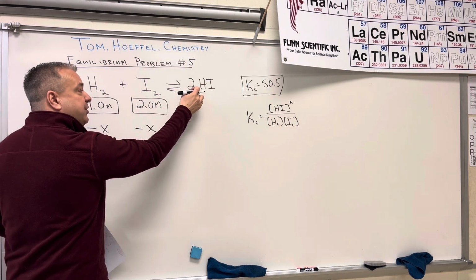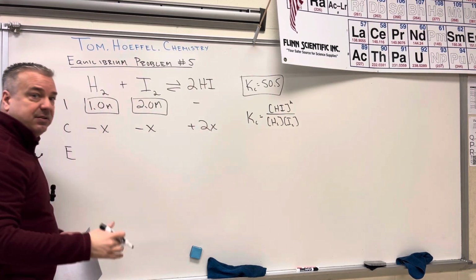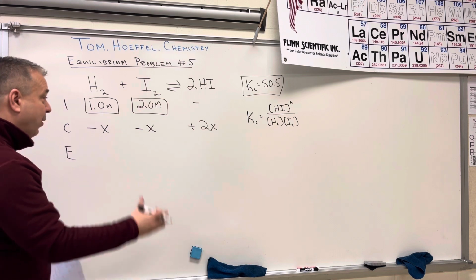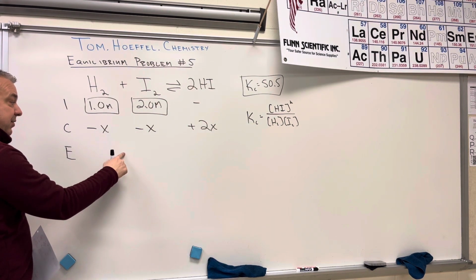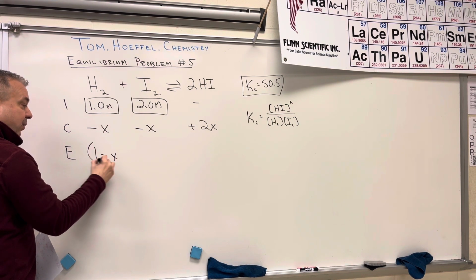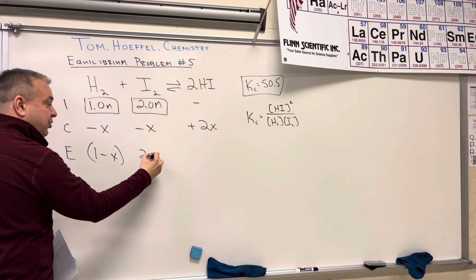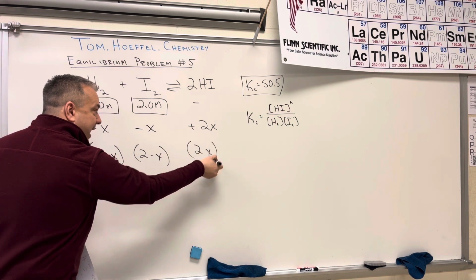However, we've got a coefficient 2 over here, so HI is going to go up 2x. Hopefully all that makes sense. Now, when equilibrium is established, this equilibrium concentration is going to be 1 minus that shift, or 1 minus x. This is going to be 2 minus x. And then, of course, this is going to be 2x.